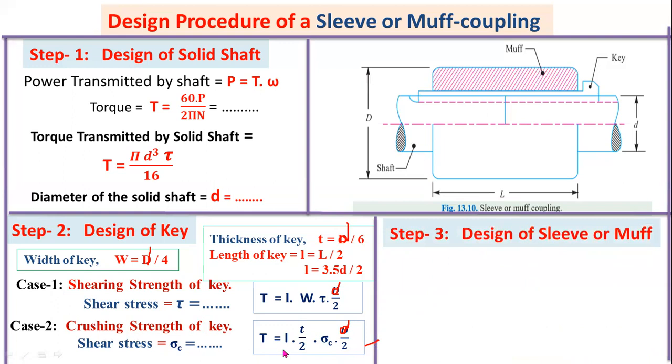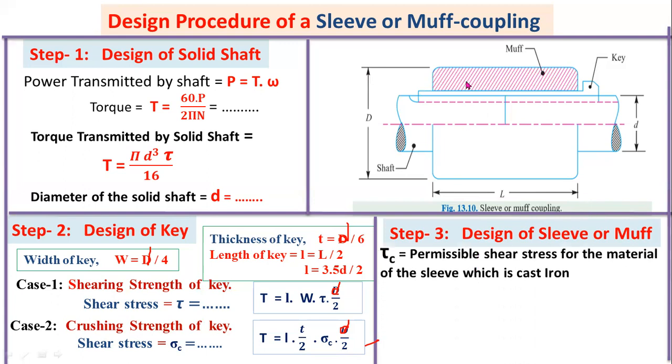In third step you have to design a sleeve or muff coupling. The material used for the sleeve or muff coupling is cast iron. So you have to check the shear stress induced in the cast iron.